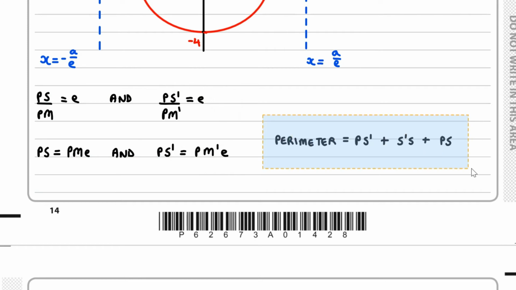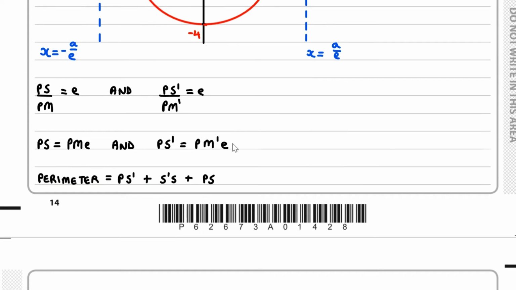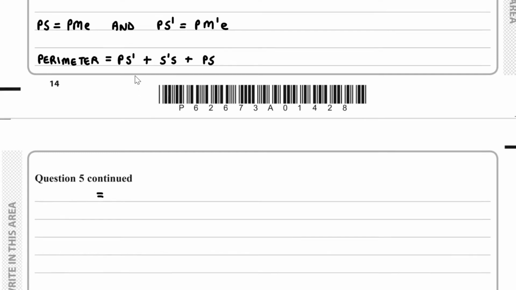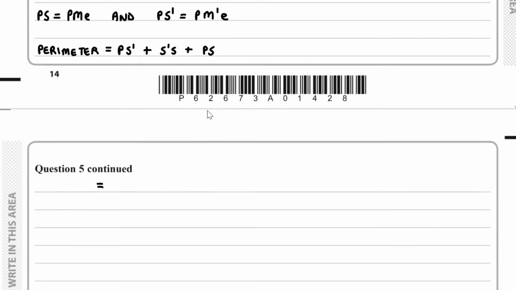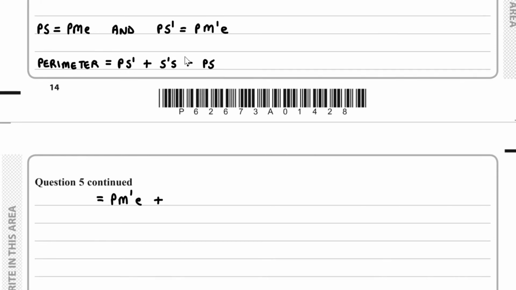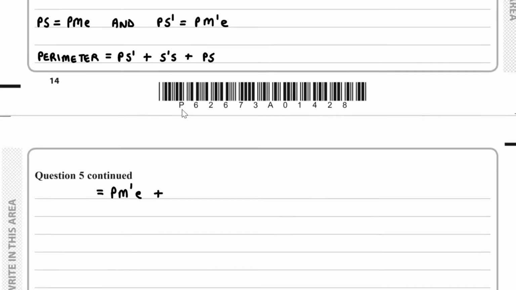For the perimeter given by this result here, this will equal PS dash, which is PM dash multiplied by e, plus SS dash, well, the distance from S dash to S, that will be the difference between 2 root 5 and minus 2 root 5, which is 4 root 5.